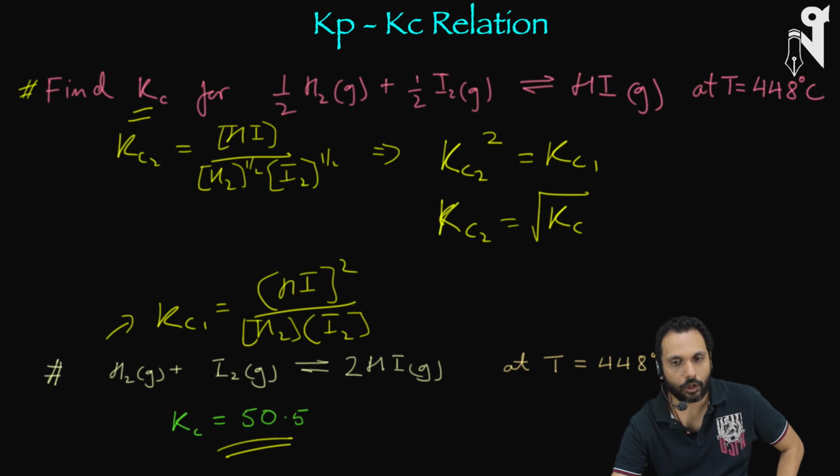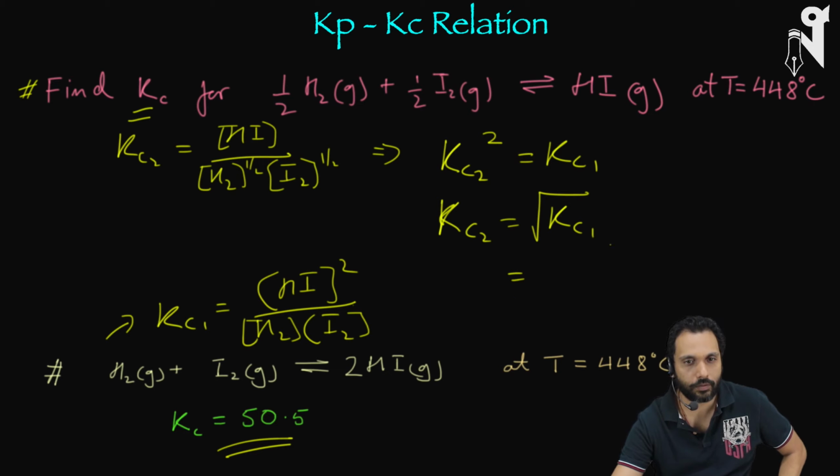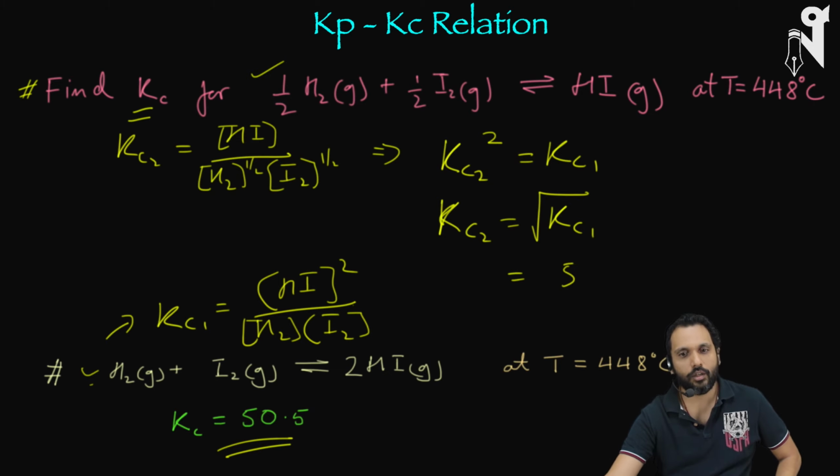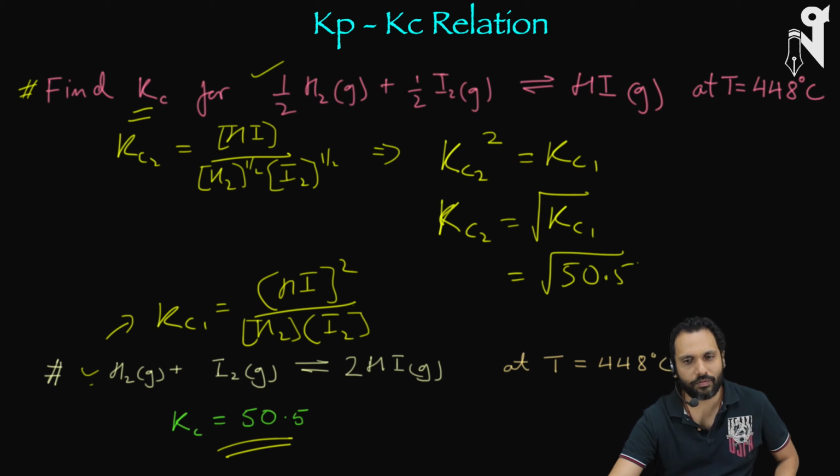If you are going to find out how much concentration of H2 and I2 is there, the math is not going to make any difference. You write the stoichiometry like this or this, but the Kc value for sure is different. It is the square root of 50.5. So that will be the new Kc value, roughly 7 point something. So that will be the Kc value for this reaction.